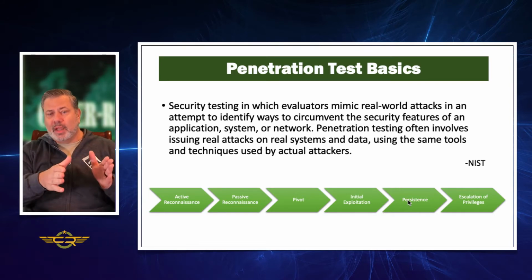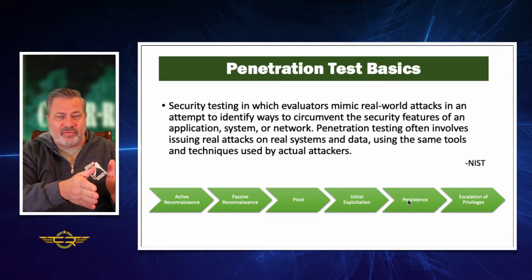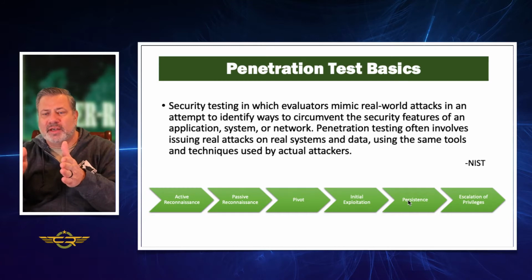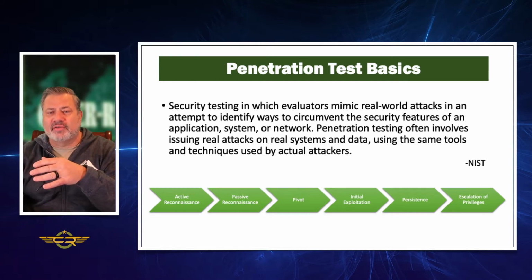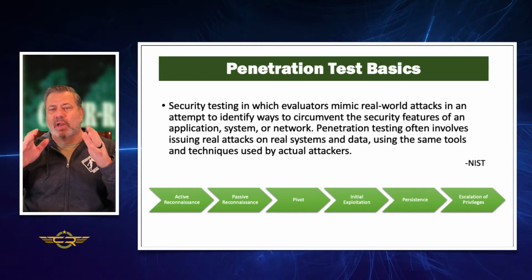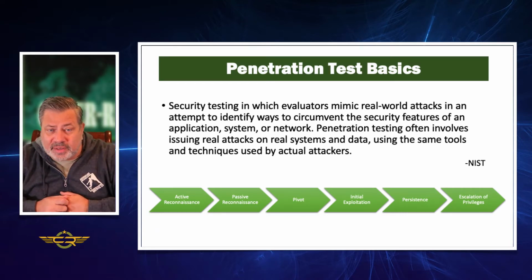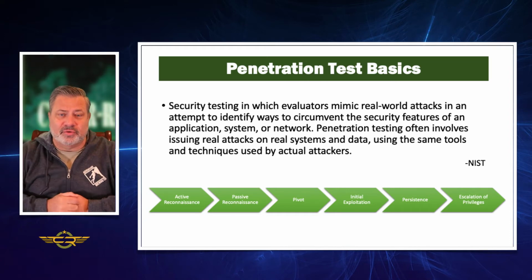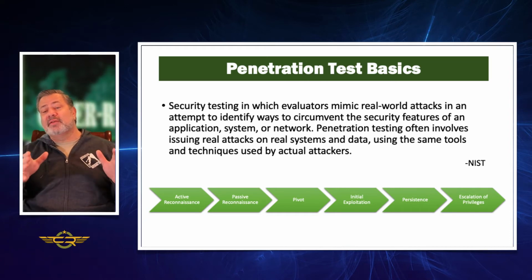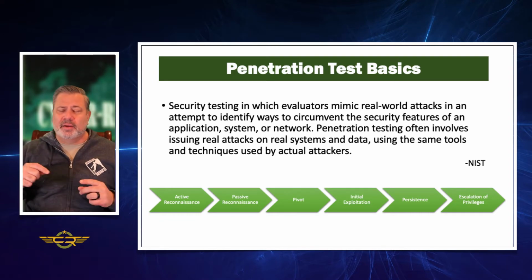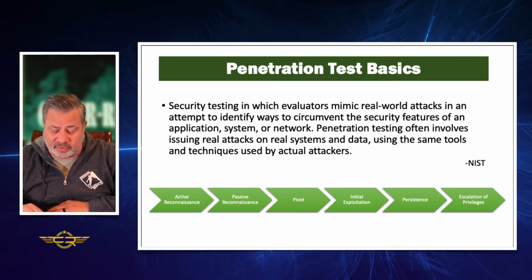What Security Plus talks about is active reconnaissance, passive reconnaissance, pivot, initial exploitation, persistence, and then escalation of privileges. I don't agree that's the right order, but I am not going to argue with CompTIA because they're the ones who issue your certification. So we will talk about these in this order and cover what you need to know about each of them to successfully pass your certification.